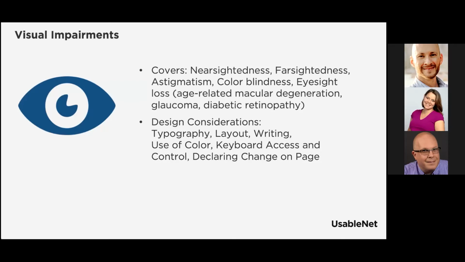So for example, visual impairments, of course, affect everything we see on the web, and therefore users can benefit from more considerate text sizes, good typography, and well-structured layout. Also, the use of color is very important in terms of maintaining a good contrast of text and interactive elements. Then, of course, keyboard users strongly rely on the focus state of any interactive element.